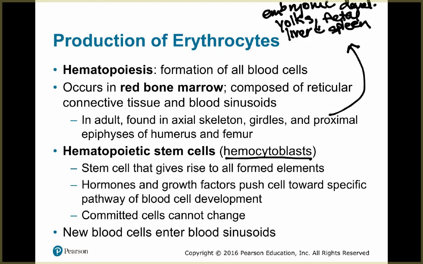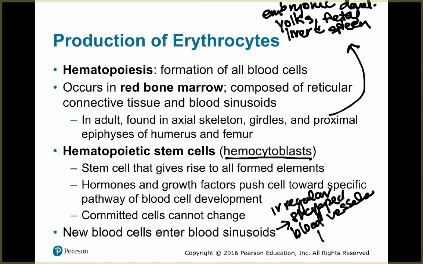Once birth happens, it kicks in to start making red blood cells in the red bone marrow. But there are a few different areas. Now, the blood sinusoids that we're talking about are basically irregular shaped blood vessels that are normally found in the liver.